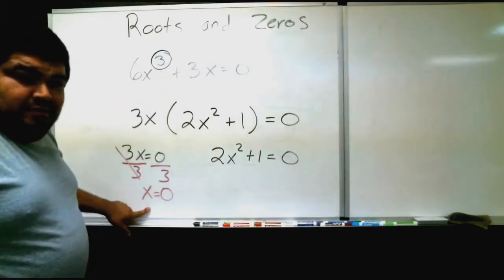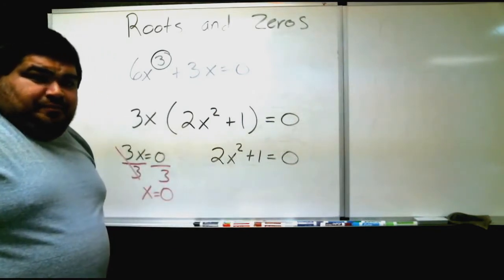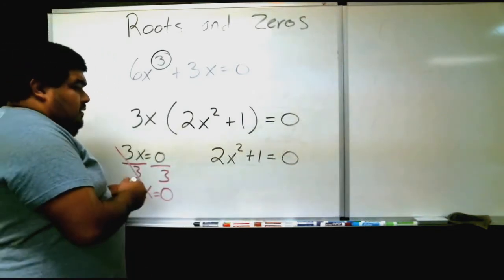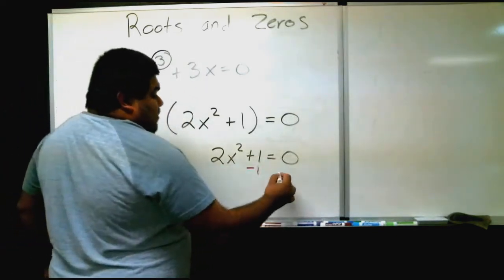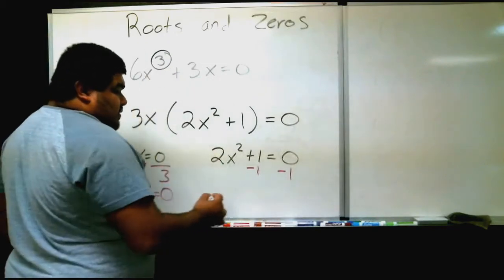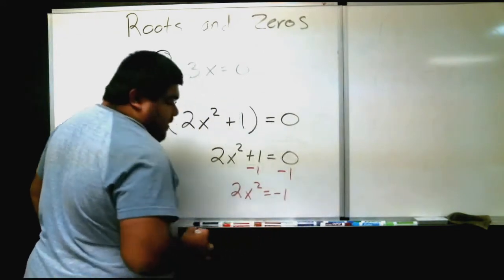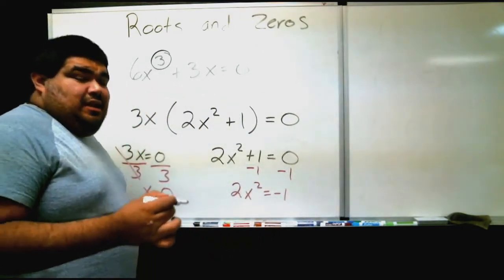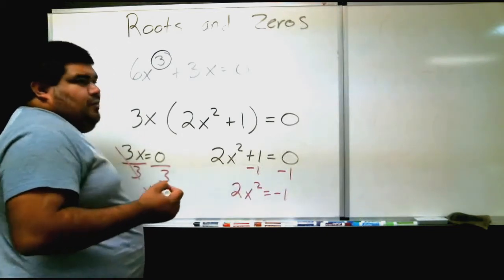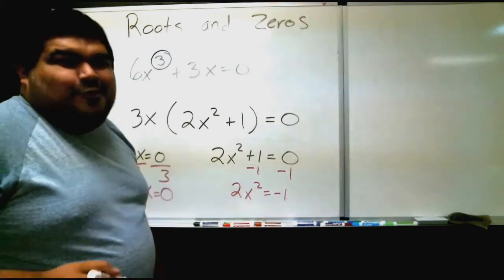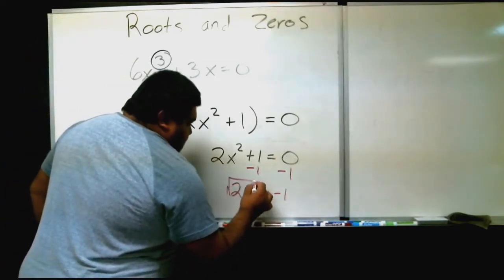We already found 1. Now we're going to go over here to this other part of the problem and solve for it. We have minus 1 on both sides. We're left with 2x squared equals negative 1. Now we're going to get rid of the square with the radical. So we do the radical, canceling out the square.